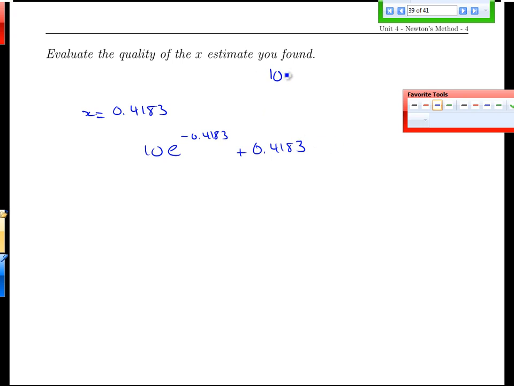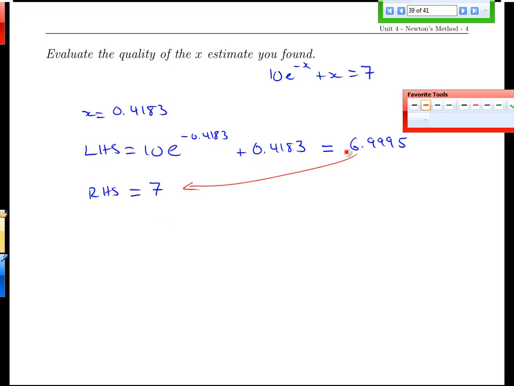So let's remember the original equation, 10 e to the minus x plus x equals 7. We do this calculation and we get 6.9995. That's our left-hand side. And our right-hand side is just 7. And yes, indeed, these two numbers here are incredibly close.